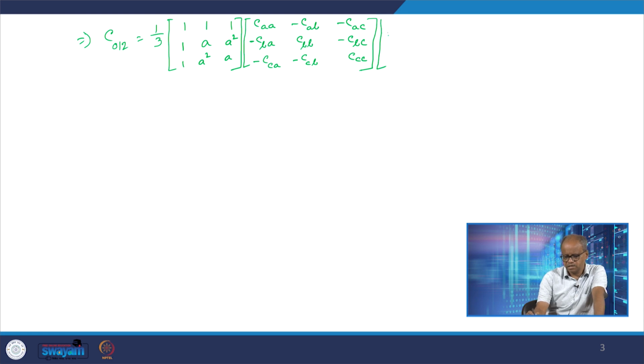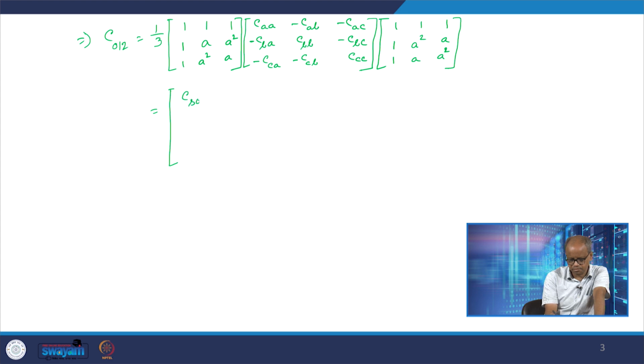And then A is the matrix 1 1 1, 1 A square A, 1 A A square. Now if I do all this matrix multiplication, first this into this and then this into this, the final result would come out to be this.